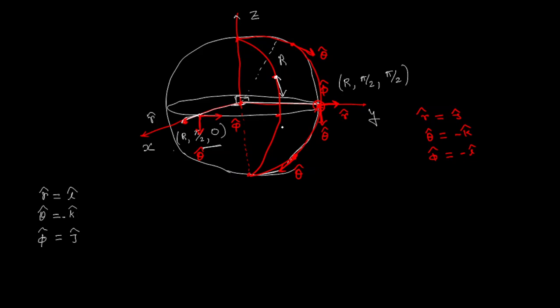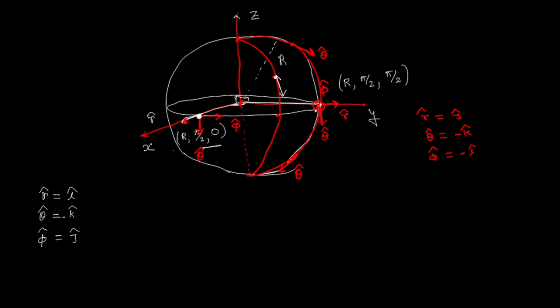Okay. So now what will be the direction of phi cap? For that, you can see here, for this point, when we take a point on the x-axis, we have noticed that the direction of phi cap is the positive y-axis. And when we took another point on the y-axis, we noticed that the direction of phi cap is the negative x-axis.